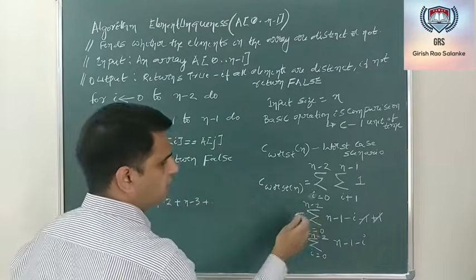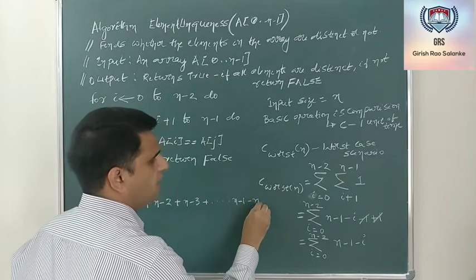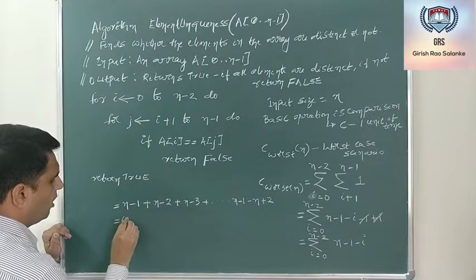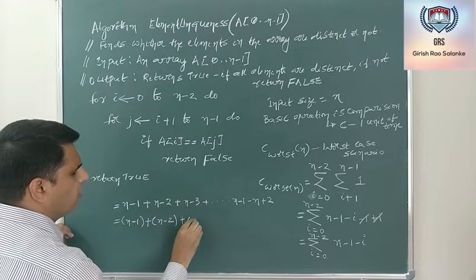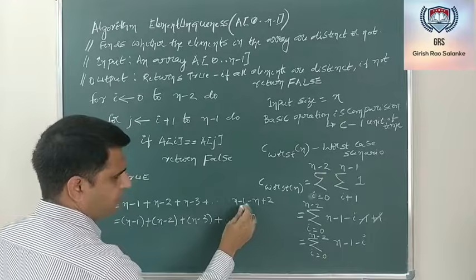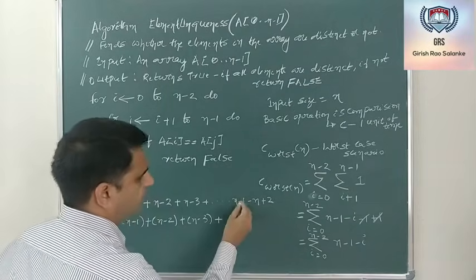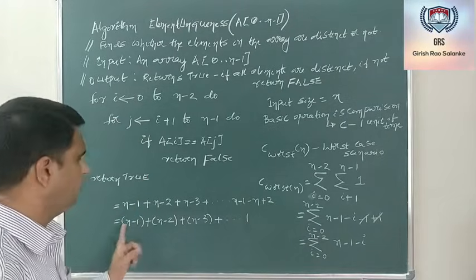And finally if I substitute n minus 2, this is n minus 1 minus n plus 2. Now what happens? This is nothing but n minus 1 plus n minus 2 plus n minus 3 up to, n gets cancelled, plus and minus n gets cancelled, plus 2 minus 1 is 1. This is nothing but summation of 1 to n minus 1.